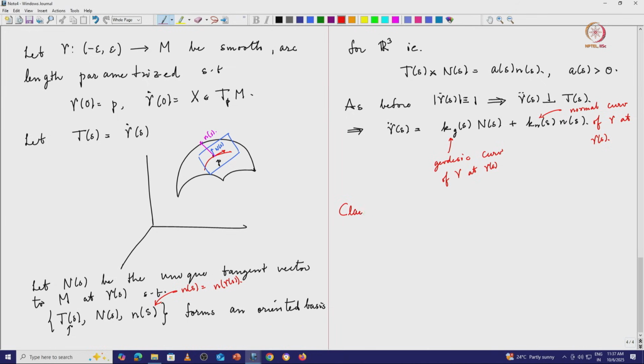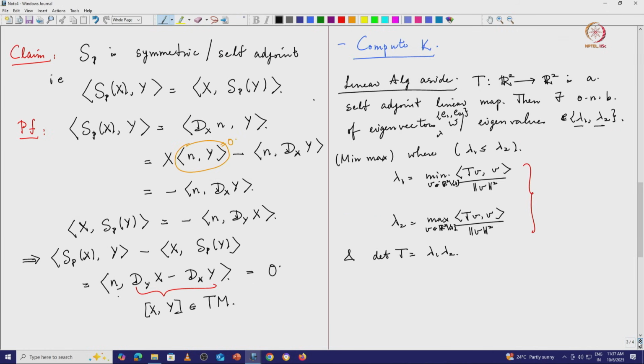Okay, then I have the following claim. Remember with my linear algebra aside, in order to calculate the eigenvalues, we have to compute these sorts of inner products and then take the min and max.